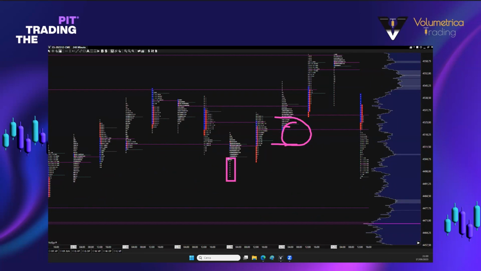Because since we have only one print taking so much price, that implies that we have what is called a V reversal. Price within the very single print went quickly all the way down and came all the way back up, determining what around this area can be defined as an excess.